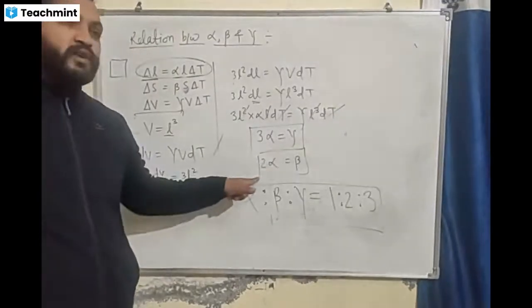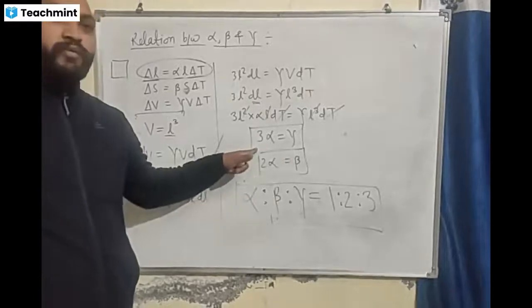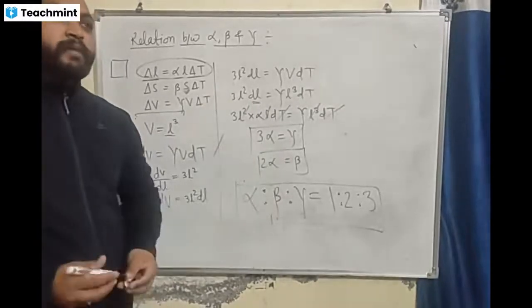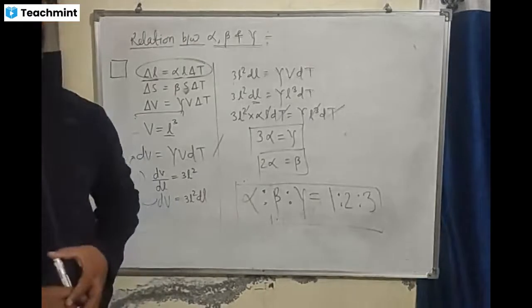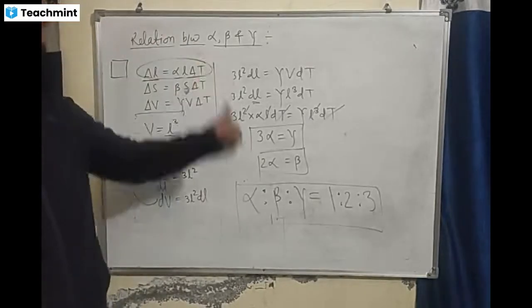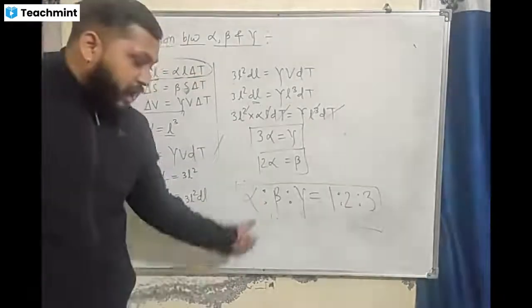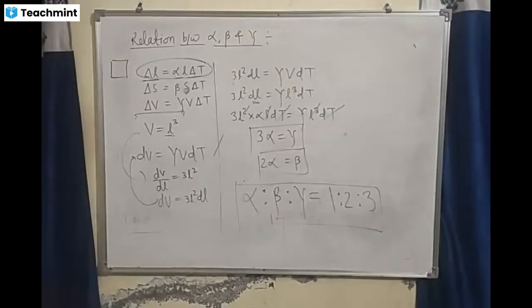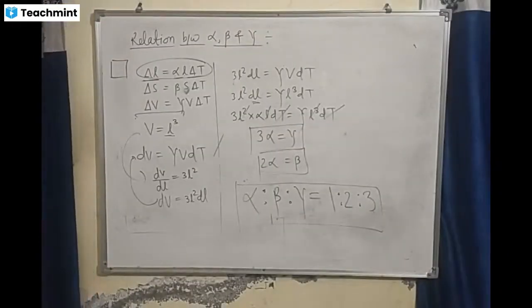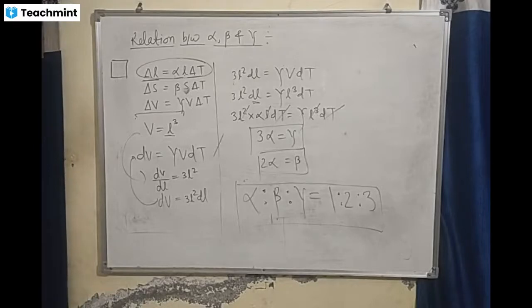Beta is twice alpha, gamma is thrice alpha. The relationship between the temperature coefficients of linear, surface and volume expansion is alpha ratio beta ratio gamma equals 1 ratio 2 ratio 3. This is one of the very important relationships, and I hope this is the easiest method. So you can do it.